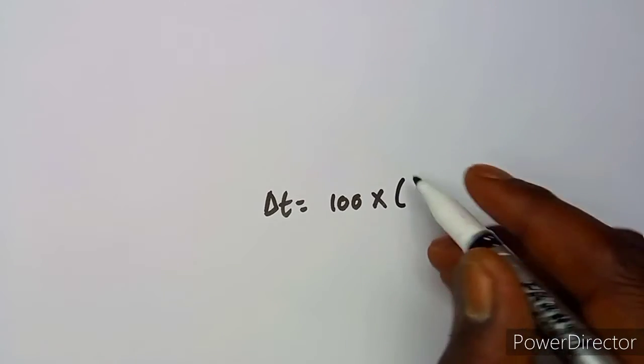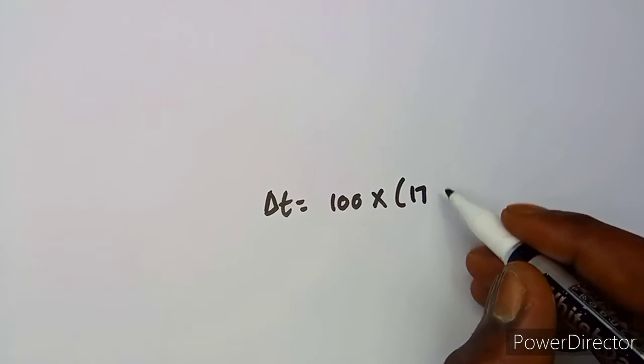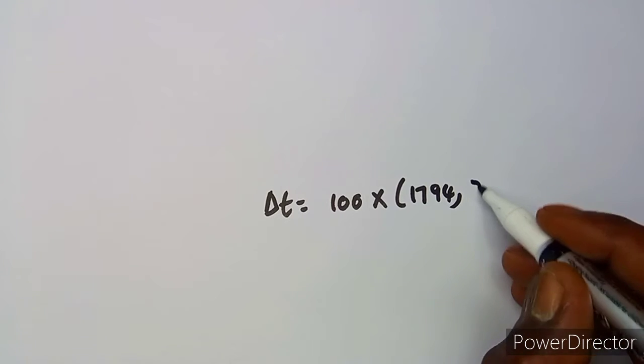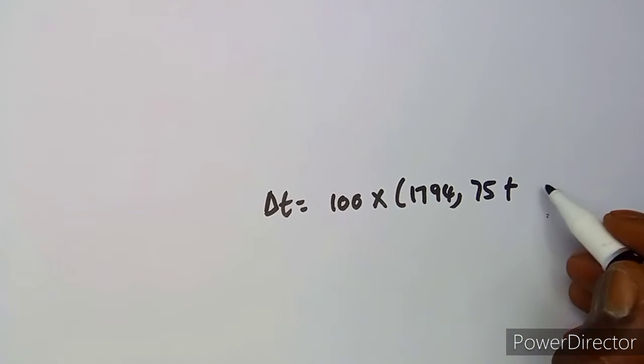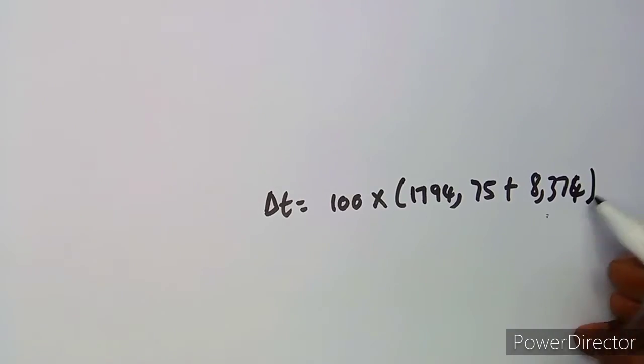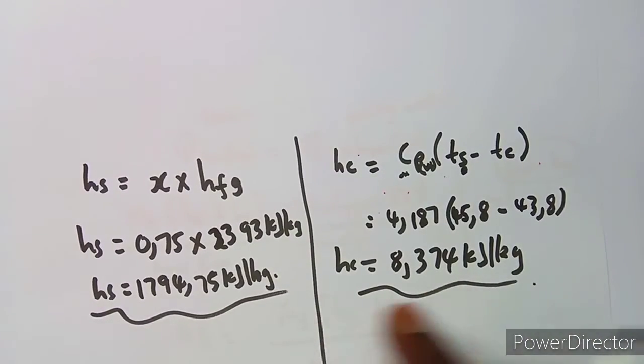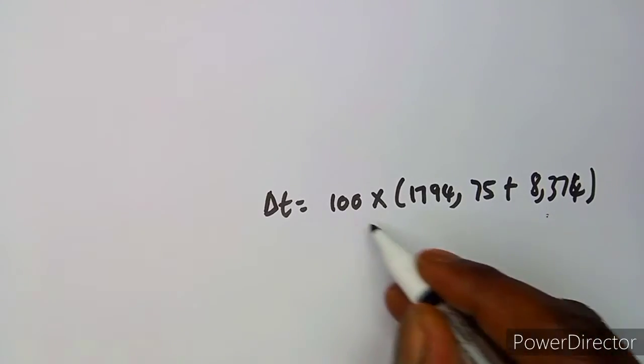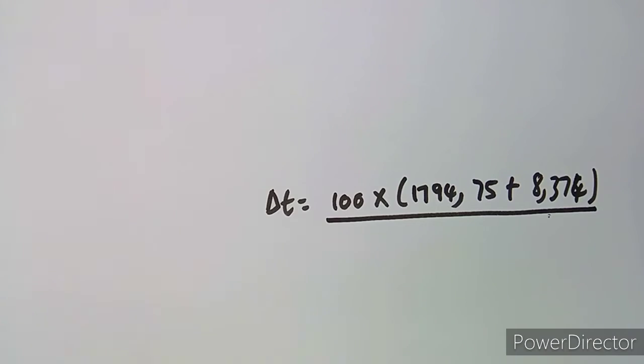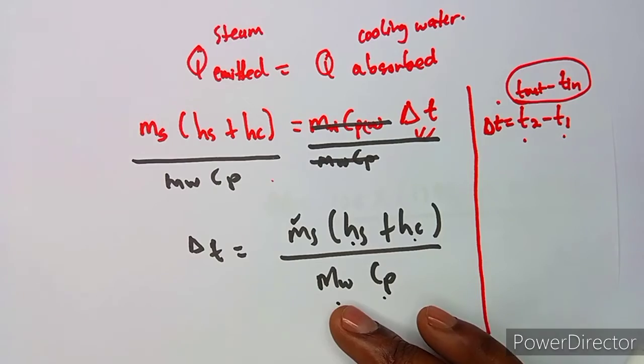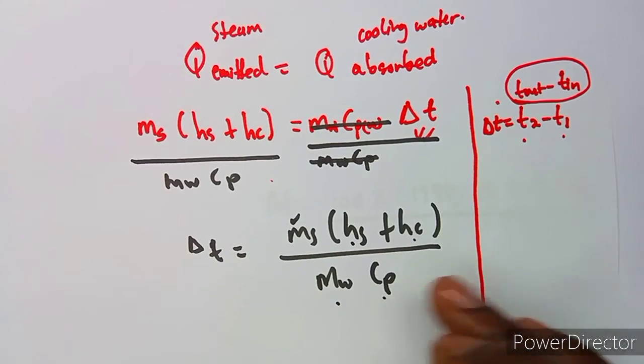So that's hs, which is 1794.75, plus hc for the condensate, which is 8,374. You're simply adding these two. That's what you're going to have, everything over, let's get to our formula, everything over the mass of water times the specific heat capacity of water.